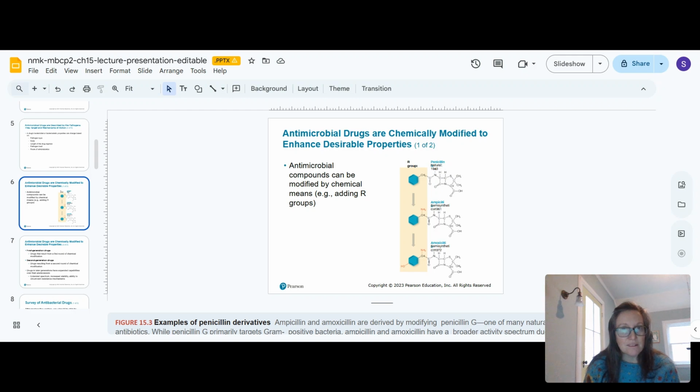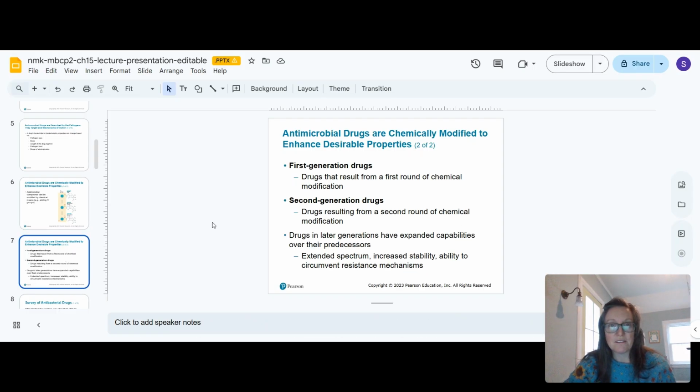We can synthesize these drugs so that we can make them more easily in a lab and manufacture them, or we can chemically modify existing natural compounds to be more targeted to our bacterial infections. These can be first-gen drugs, second-gen drugs. First-gen result from a first round of chemical modification, second-gen from a second round.